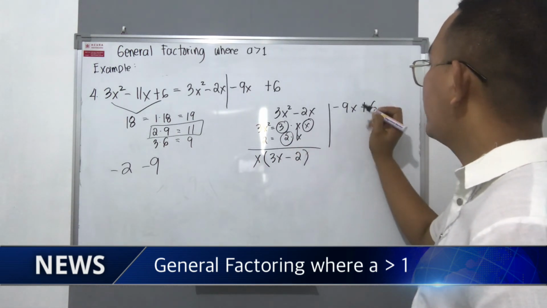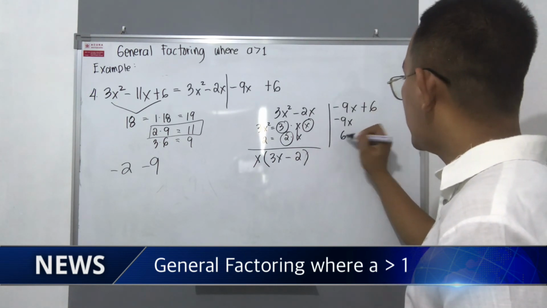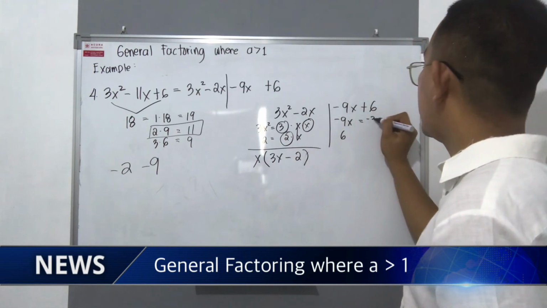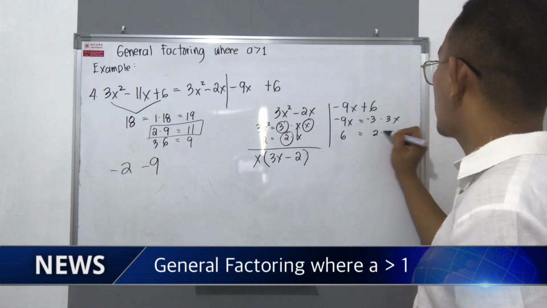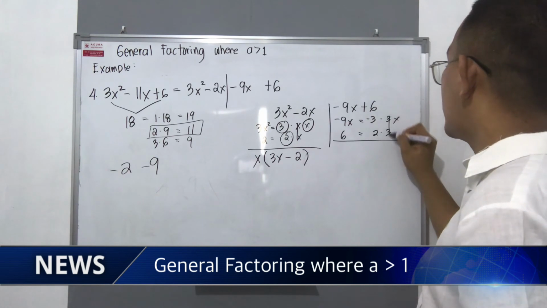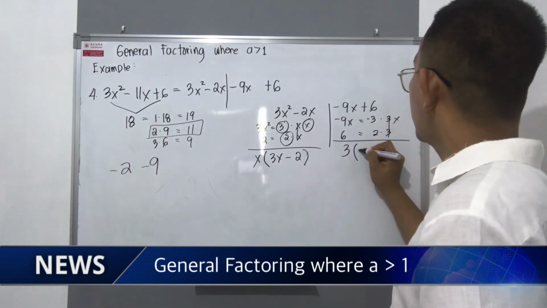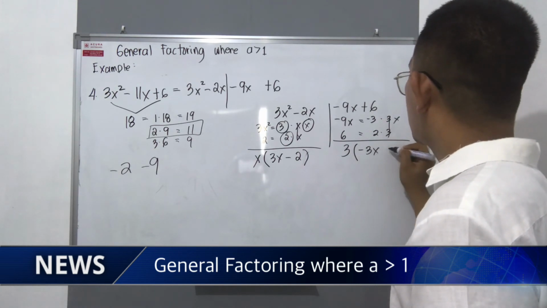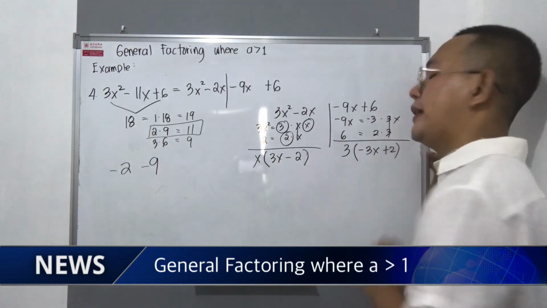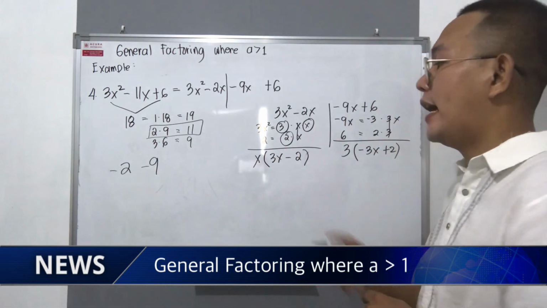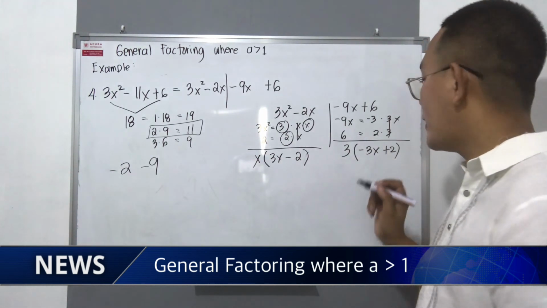Dito naman sa right side, since negative 9 yan, sulat natin is negative 9x and then positive 6. Okay, so negative 3 times 3x. And then, 2 times 3. Common nila is 3. Common is 3 times negative 3x plus 2. Okay, so tingnan natin, 3x minus 2, negative 3x plus 2. Anong gagawin natin? Kailangan maging parehas sila. Since ito negative, ilabas natin si negative. Paano natin gagawin yon?